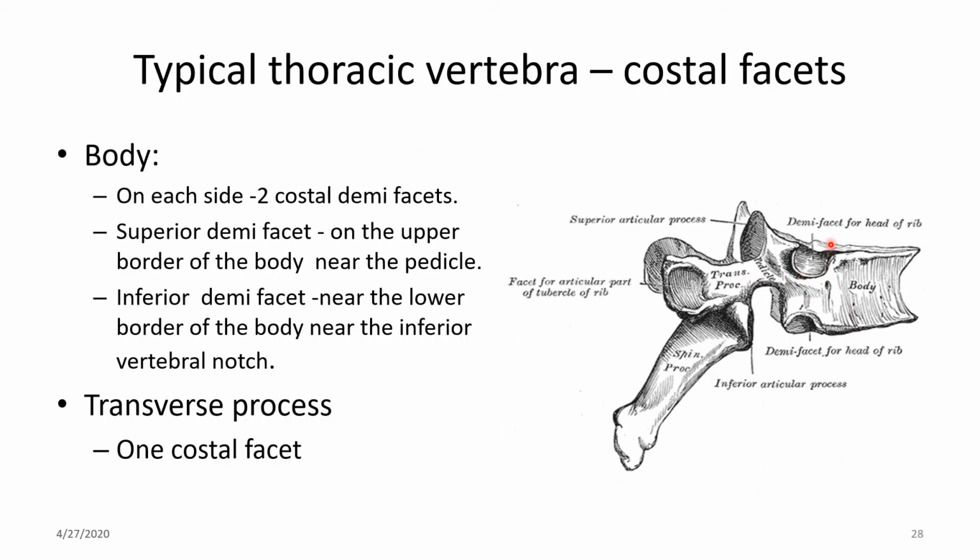And you can see the costal facets on the sides of the body. Superior is a demi-facet near the upper border, nearer to the pedicle, and inferior demi-facet nearer to the lower border, nearer to vertebral notch, that is the inferior vertebral notch, and a costal facet on the transverse process.